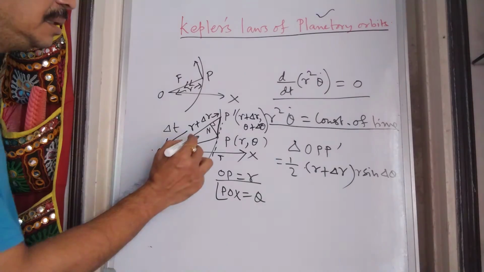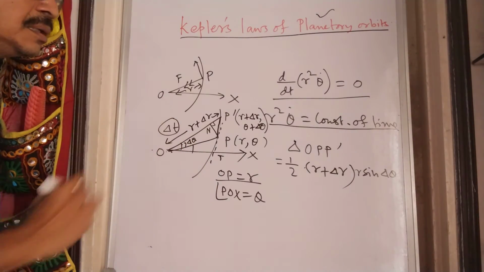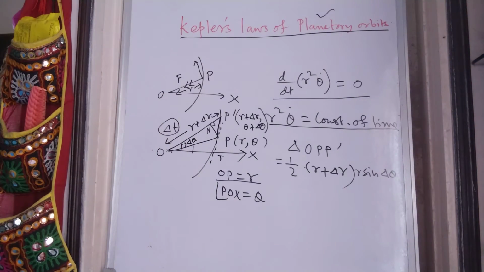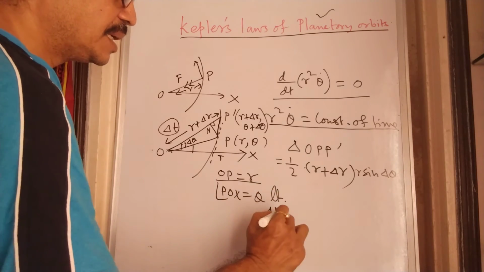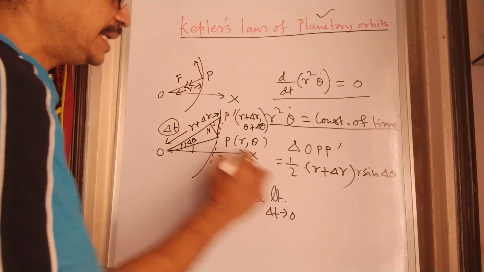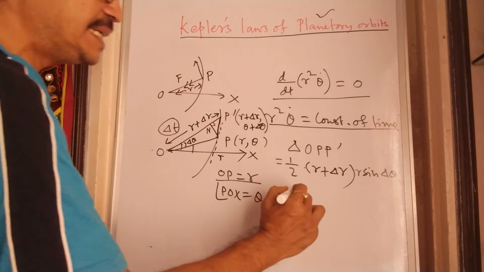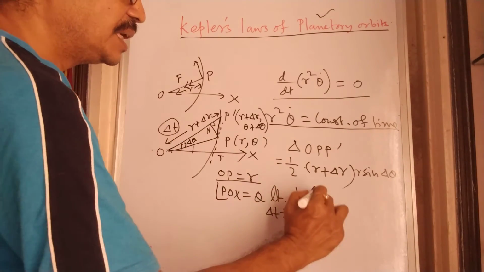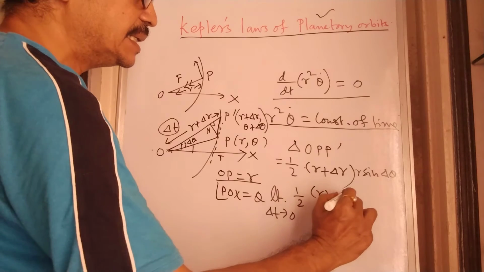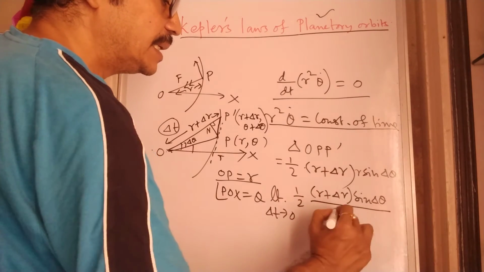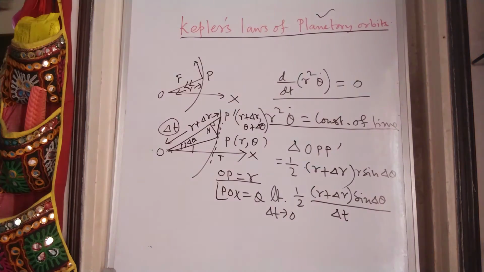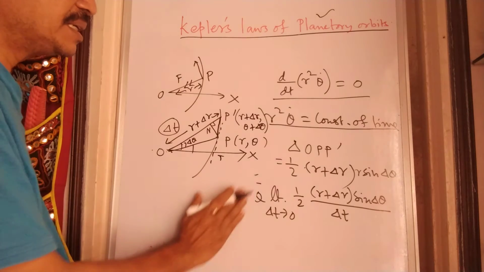So what is the area per unit time? For that we divide this area, delta of OPP prime, by delta t, and it becomes half of r plus delta r, sine delta theta by delta t. Okay, a very simple application of limit.